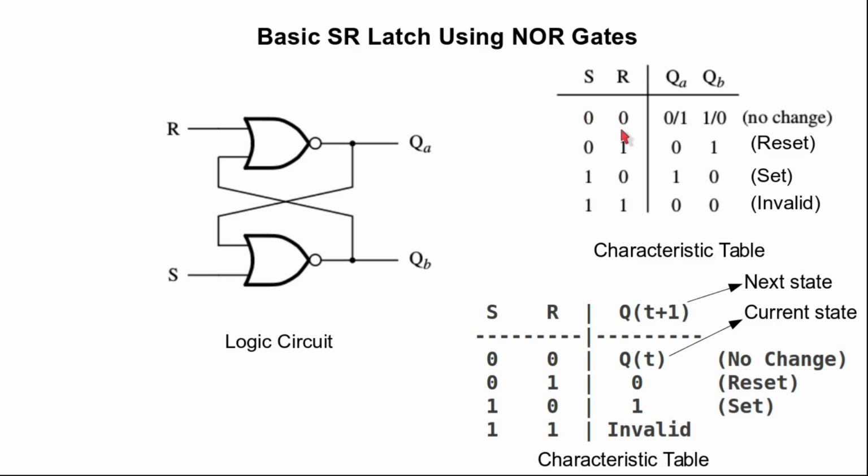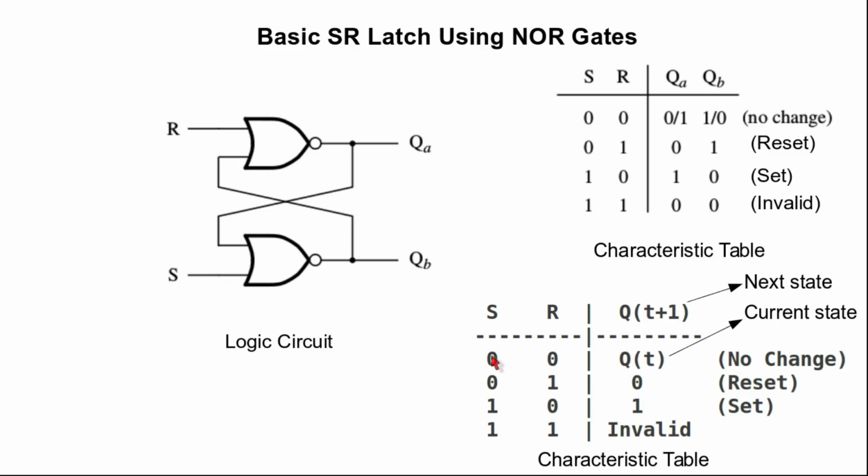And since, as we studied in the previous class, when we change the input to 0 0, the state does not change. So if S input is equal to 0 and R input equal to 0, and no change takes place, that means our next state will be equal to the current state. So Qt plus 1 will be equal to Qt. That's why we write Qt here.